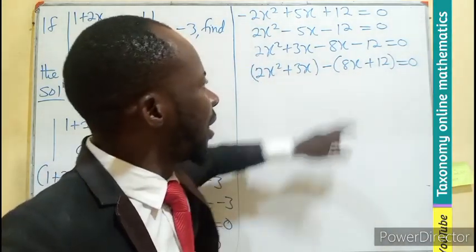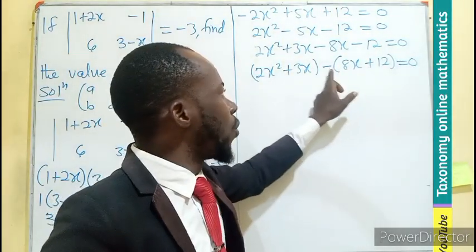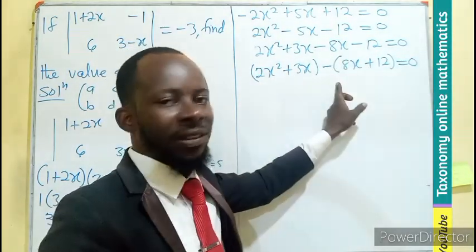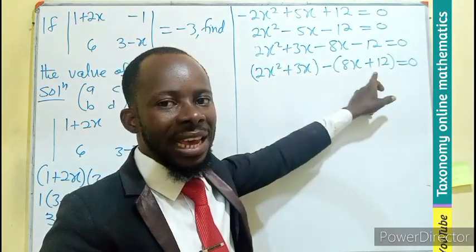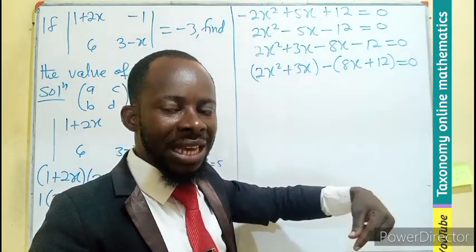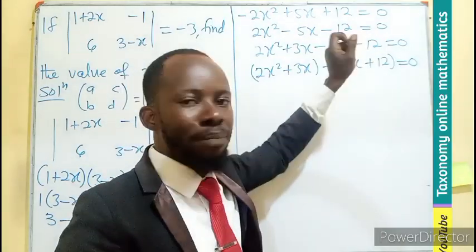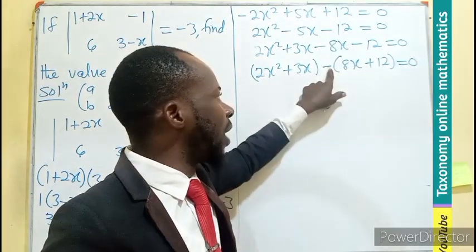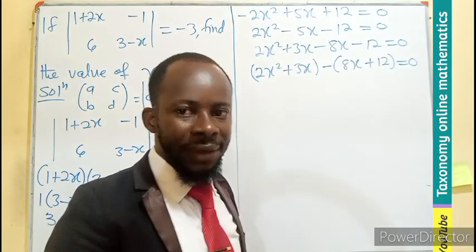Now you can see the minus has changed to a positive. Why? Because of the introduction of the bracket. If a bracket comes after a negative, the signs in the bracket change. We know the opposite of factorization is expansion. So if I expand this bracket, I get back my negative 12, because negative 1 times a positive 12 will give you your negative 12 back.